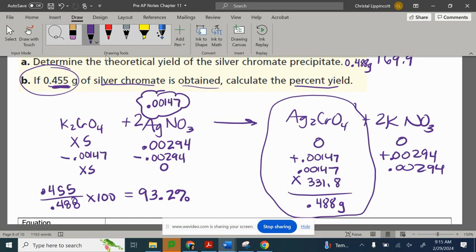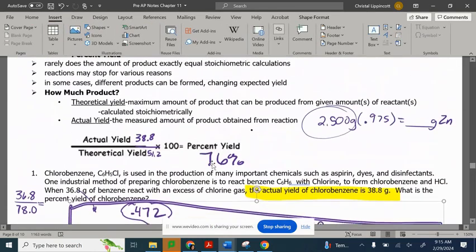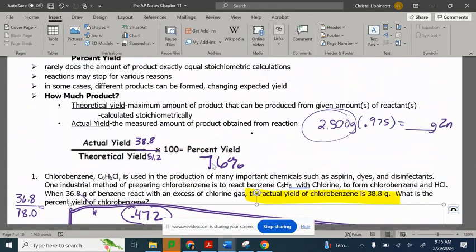You could do that. So if you have your percent yield and you didn't have this value, but you had this one, you should be able to backtrack to get this if this is X. Does that make sense?